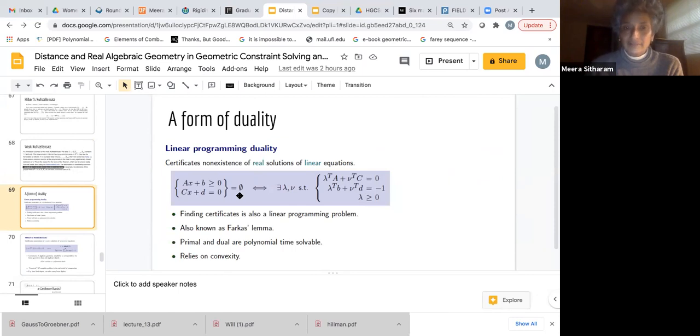So usually when you're trying to see if there exist solutions, you say that the set of solutions is empty if and only if you can find lambda and v here.